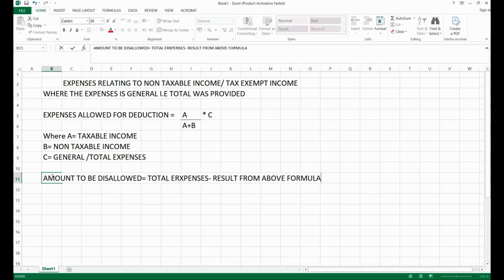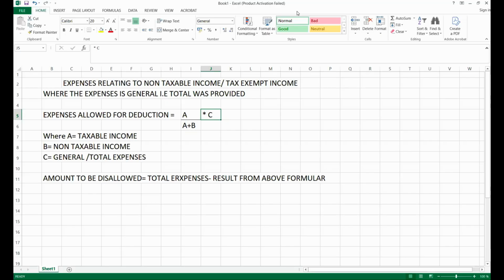Anything you get from the above formula, you deduct it from the total expenses, which is represented by the letter C. With this, you will be able to eliminate those expenses that are non-taxable from the general or total expenses.